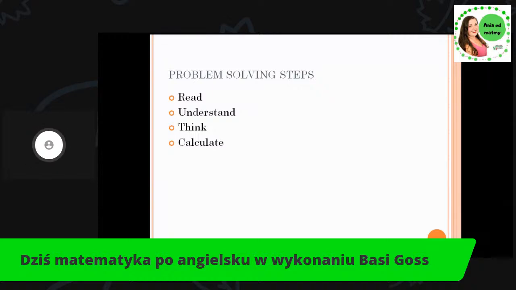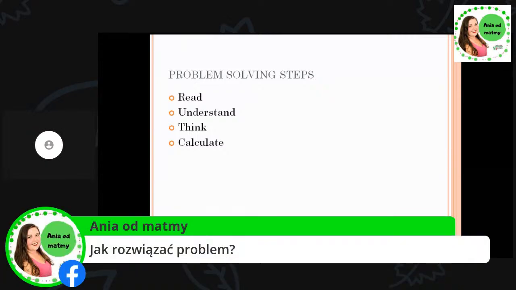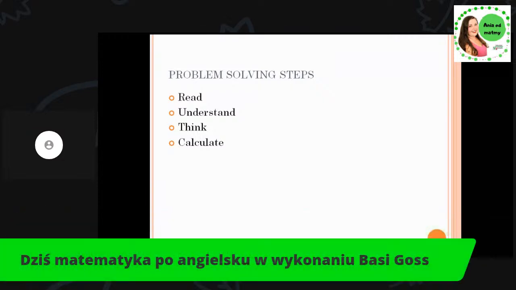That means we work with numbers in that problem, and we try to use numbers and addition, subtraction, multiplication or division to solve that problem.